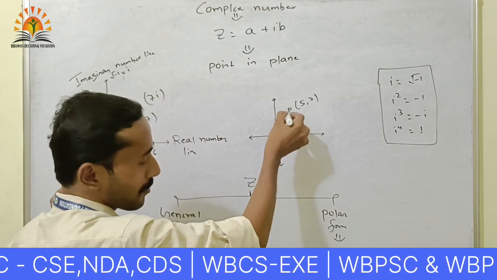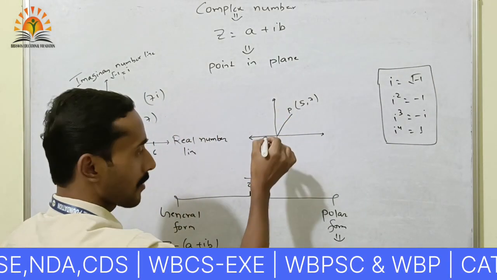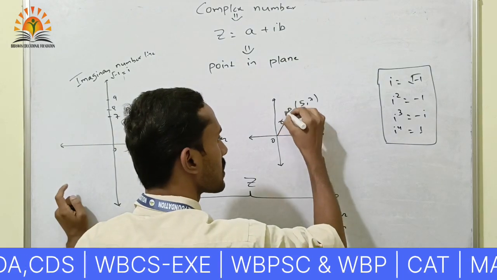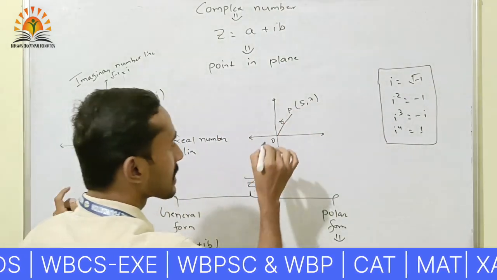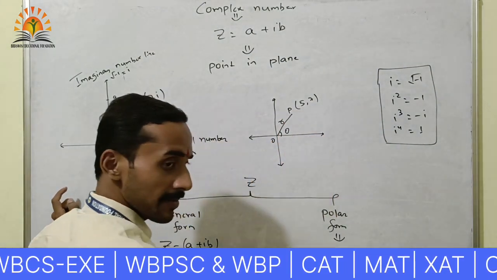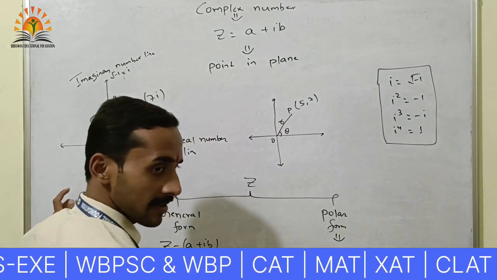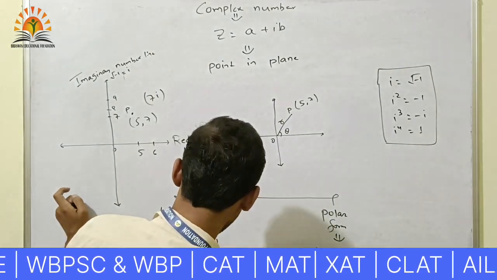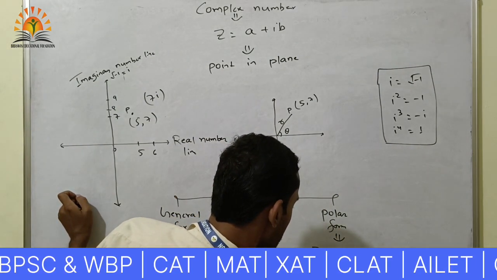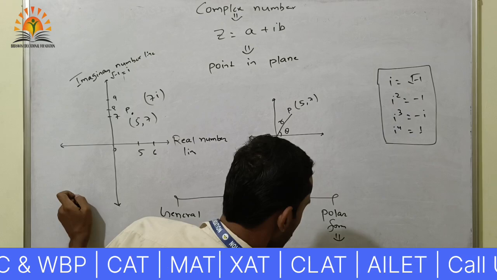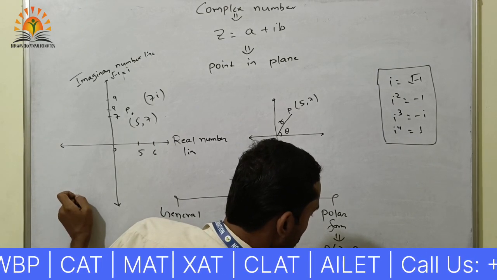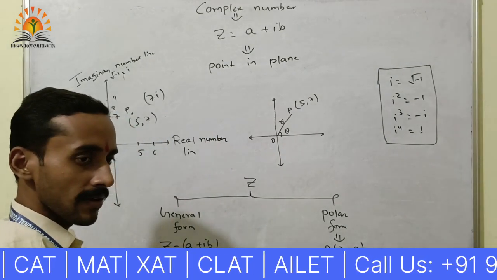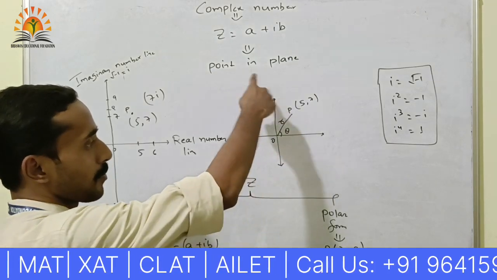Now the distance of that point from the origin, let us denote by R, and the angle with the x-axis by theta. Then we can write Z is equal to P is equal to (R, theta). This is the representation of a complex number in polar form.